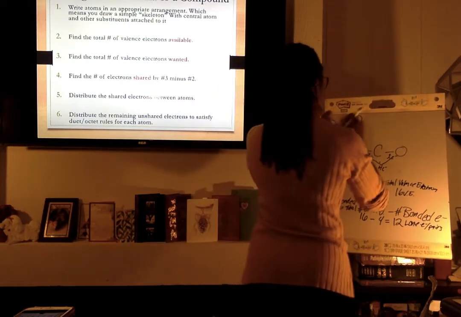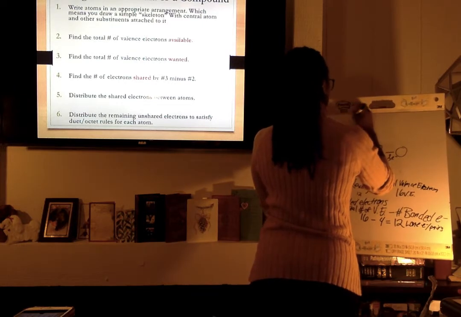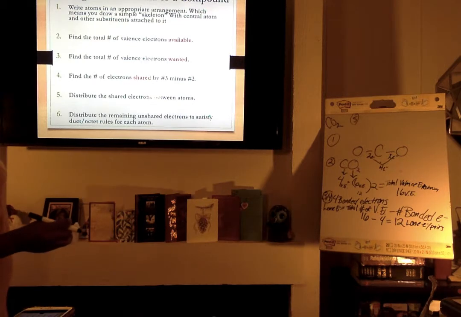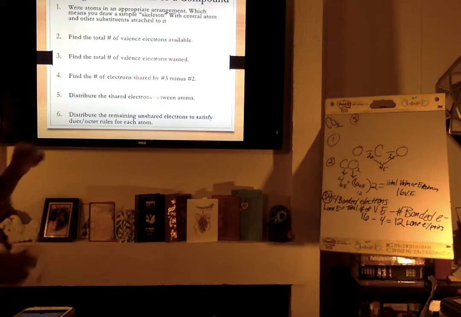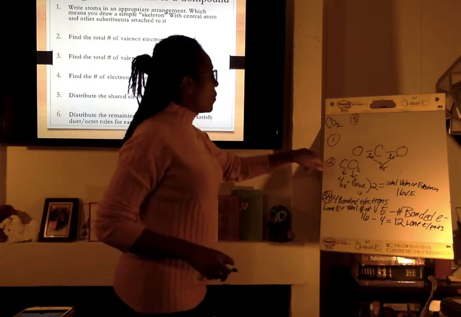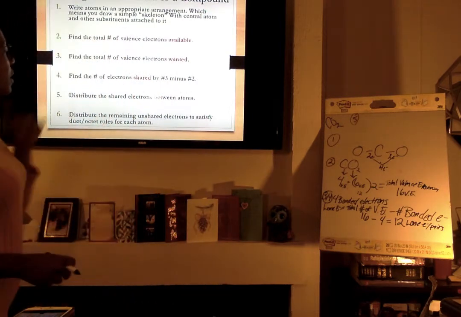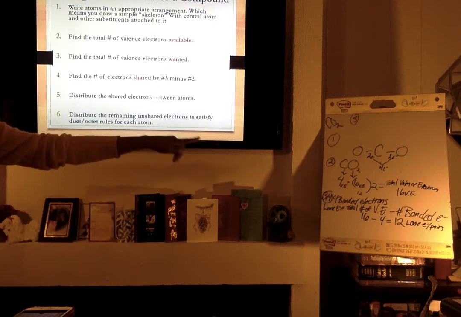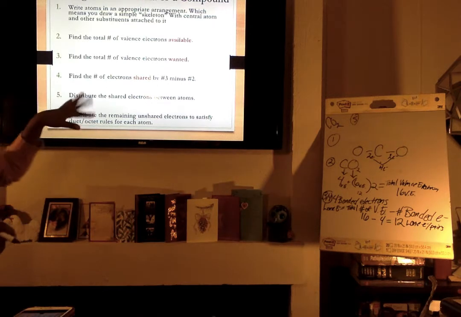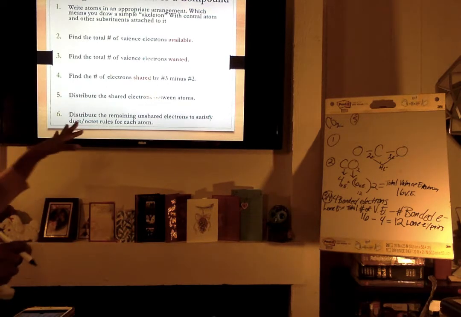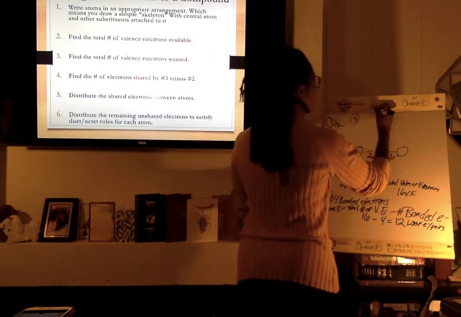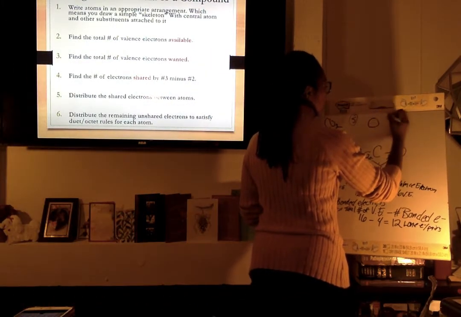Okay, and now this is number 5. So distribute the shared electrons between the atoms, right? So what you want to do is rewrite the skeleton structure, and then add all of the remaining unshared electrons. So this is our skeletal structure, right?